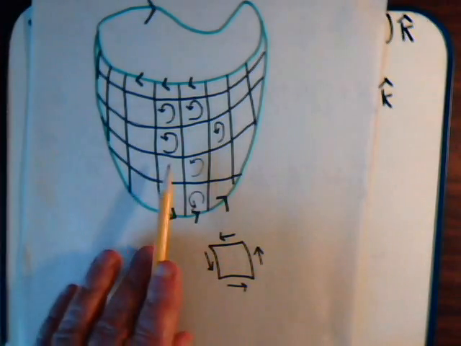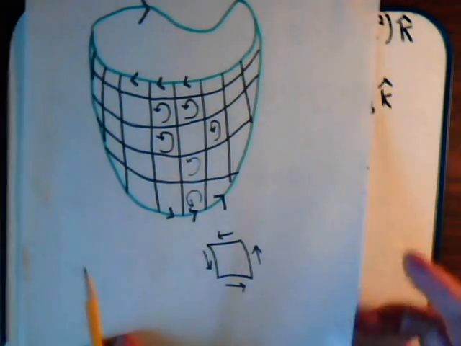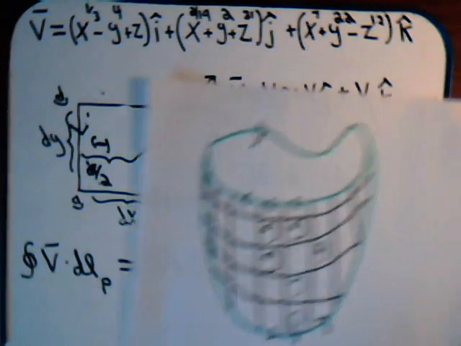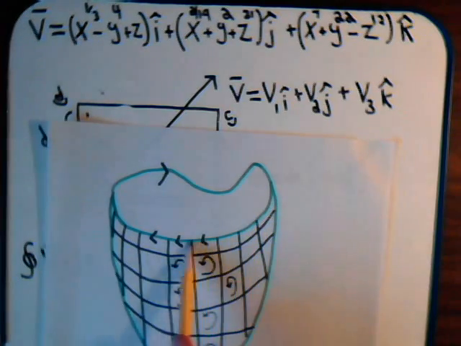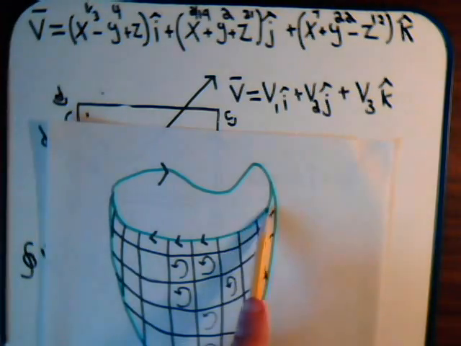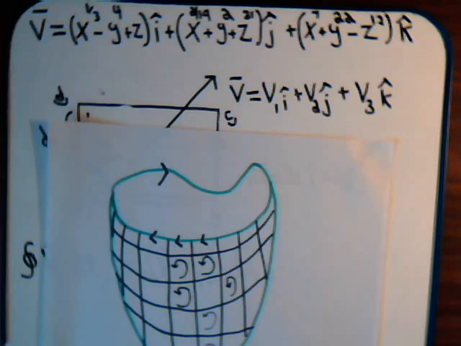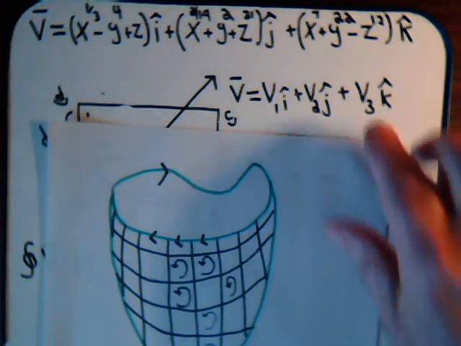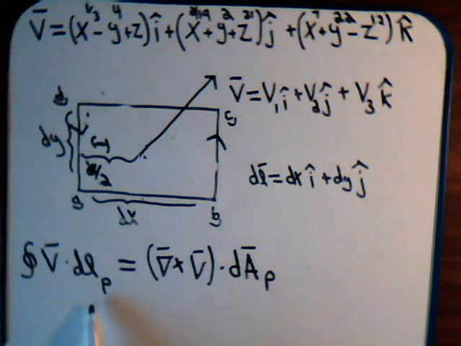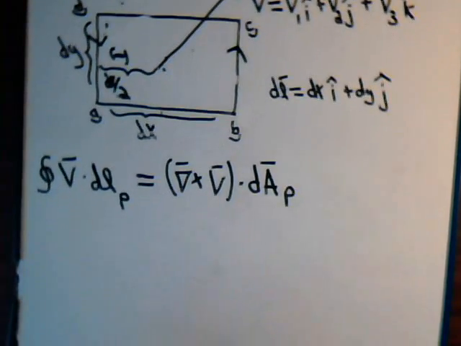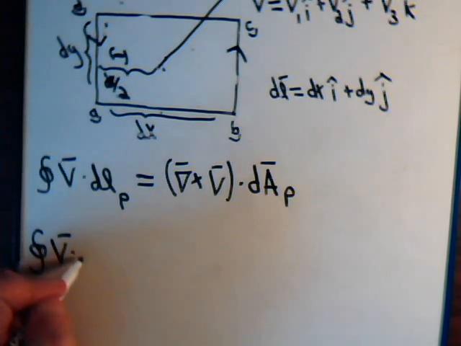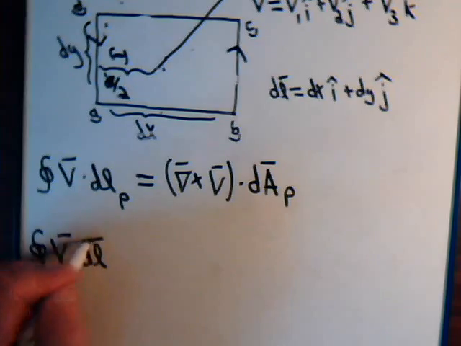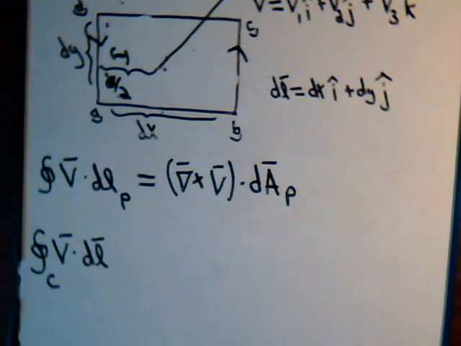So if we add all of these up, all of these p's, what we end up with is taking the line integral about this closed curve. So adding these together gives this. V dot dl about the closed curve.